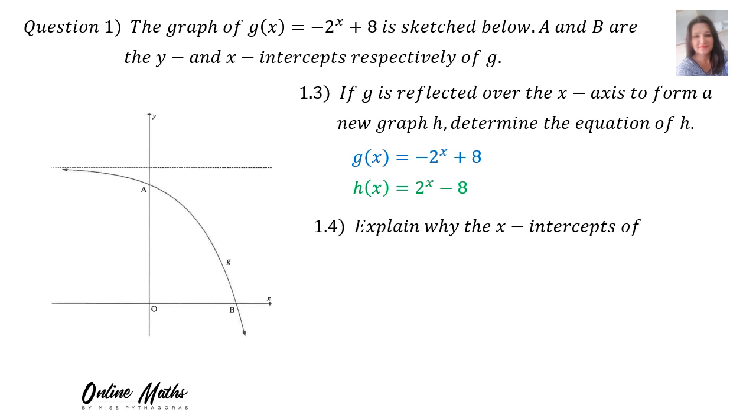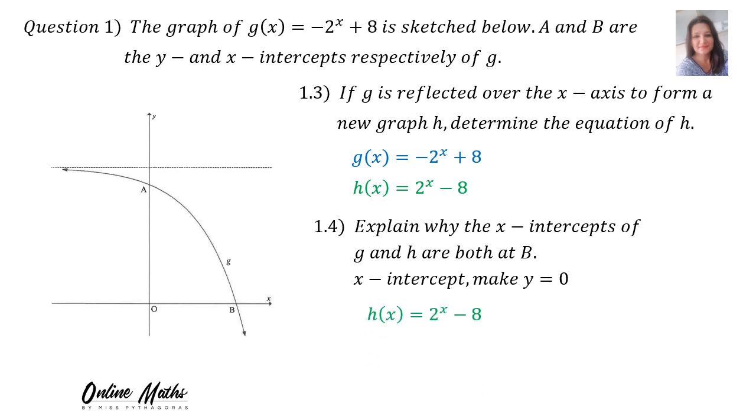Number 4 says, explain why the x-intercepts of g and h are both at B. And your reason would be the x-intercept make y equal to 0. And then there's your new graph, h of x is equal to 2 to the x minus 8. So let's work out what the x-intercept is.